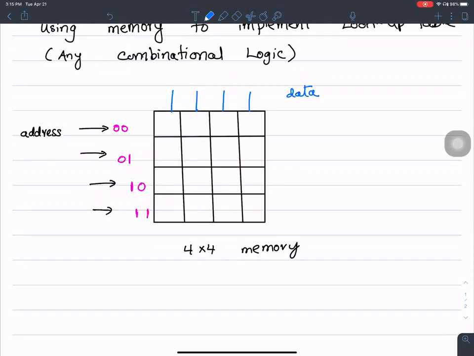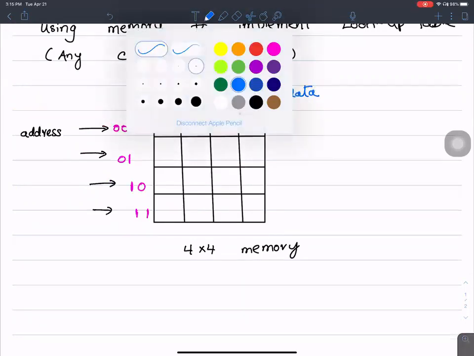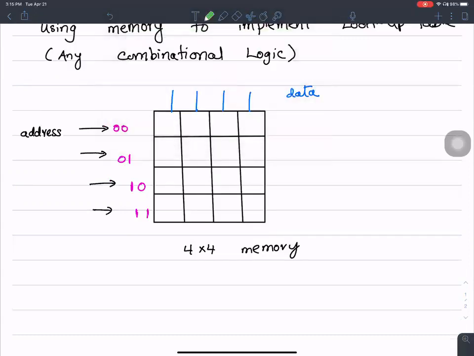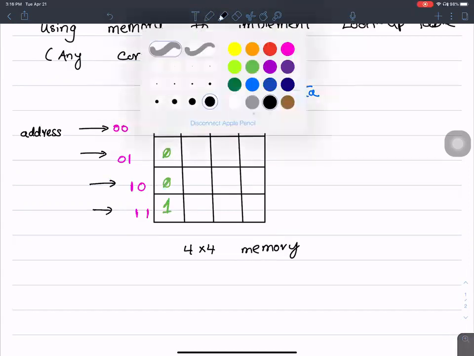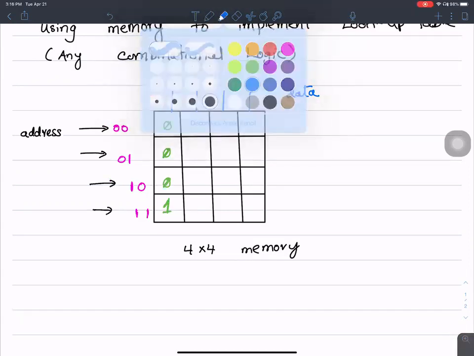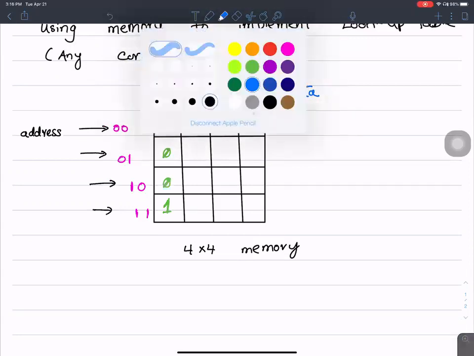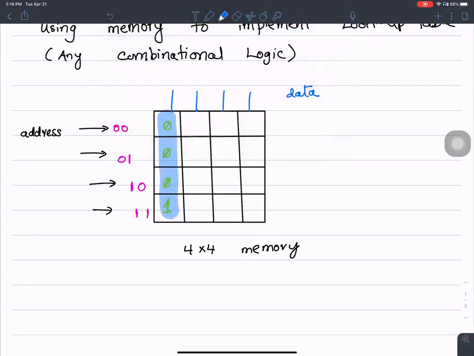Okay, so what I have done in the last class was to do this. See what happens if I write a value of 0, 0, 0, 1 into this column, with the 0, 0, 0, 1 stored into these memory locations.